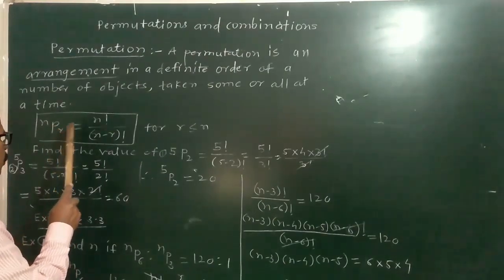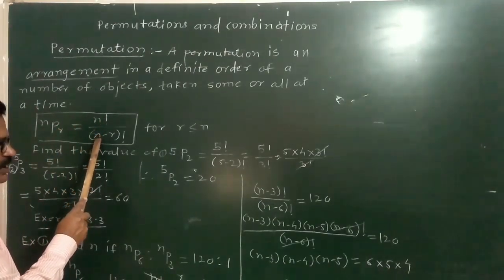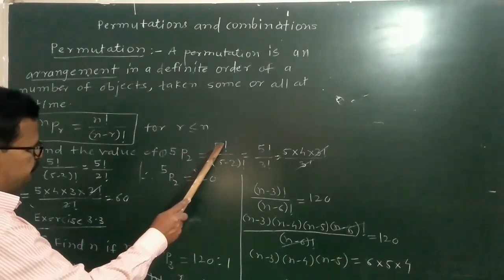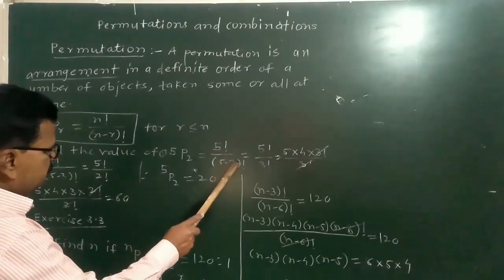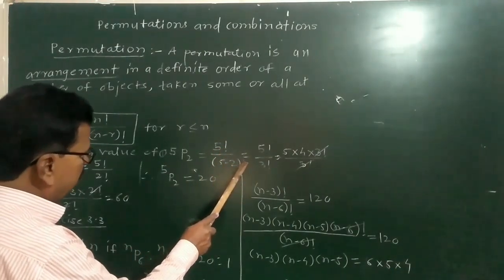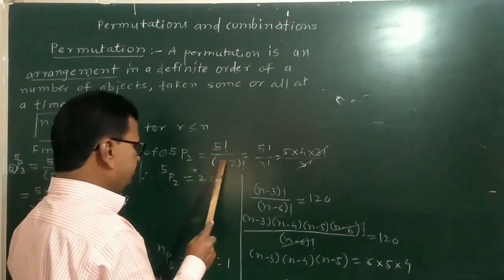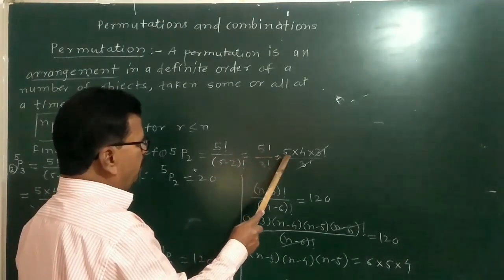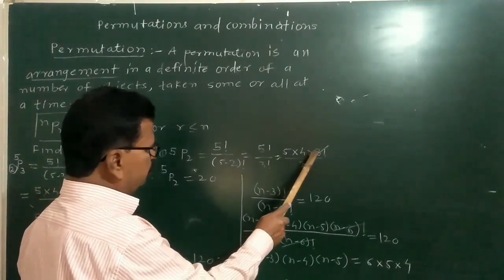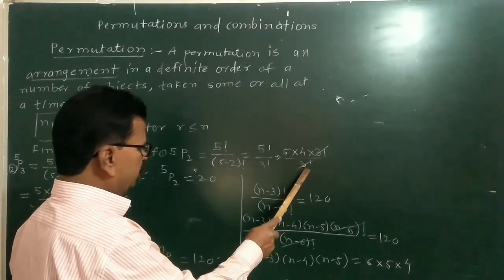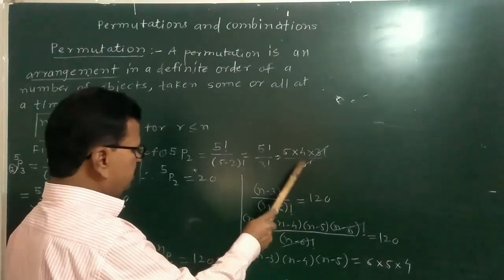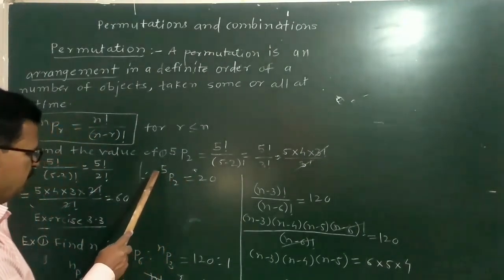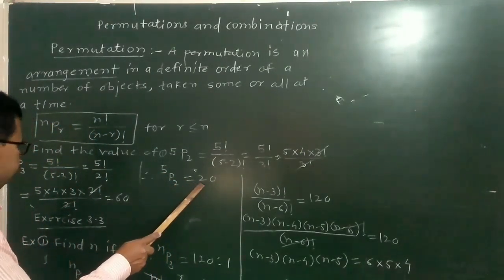Use the nPr formula. nPr is equal to n factorial upon n minus r factorial, so 5P2 is equal to 5 factorial upon 5 minus 2 bracket complete factorial. 5 minus 2 is 3. 3 factorial. 5 factorial is written as 5 into 4 into 3 factorial upon 3 factorial. 3 factorial upon 3 factorial cancel. 5 into 4 is 20. Therefore, the value of 5P2 is equal to 20.